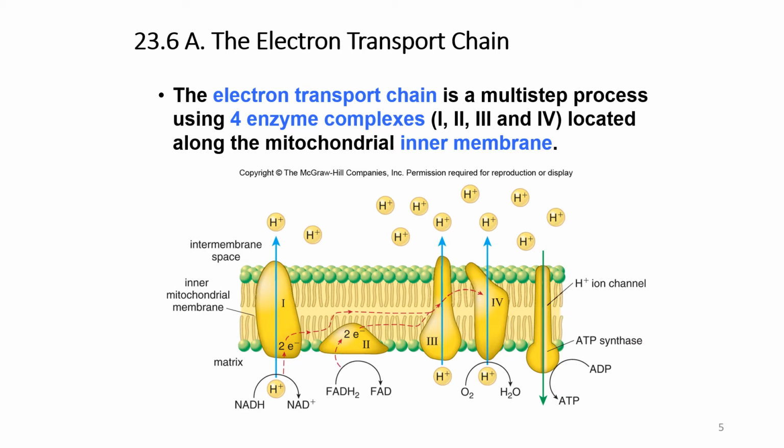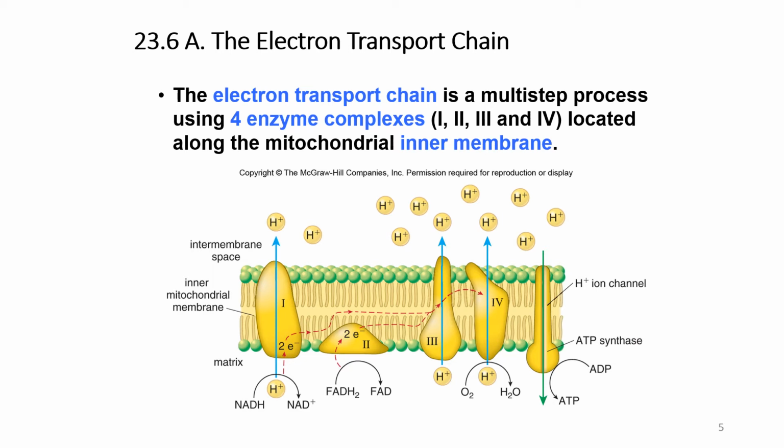This is the matrix side of the mitochondria. So those NADHs and FADH2s that were generated by the combination of glycolysis and the citric acid cycle migrate to the inner side of that inner membrane in the matrix, and they get oxidized, and their protons or hydrogen ions get transferred to the inner membrane space, and the electrons are transferred to other redox centers within these complexes.